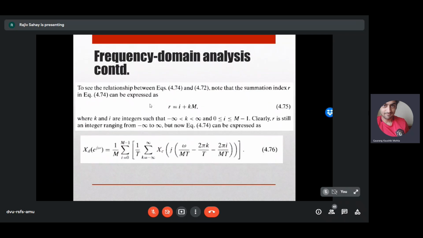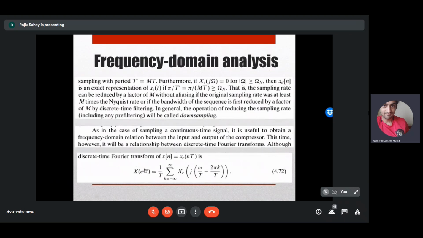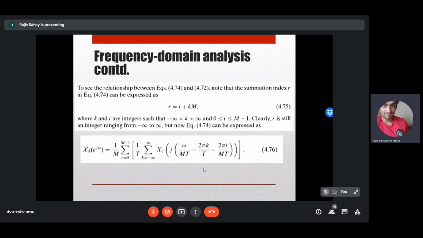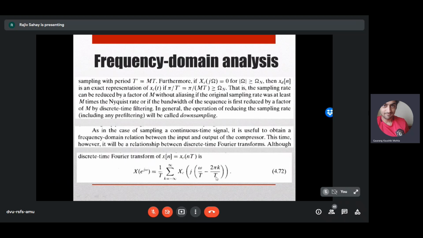If you see equation 4.72, this is x e to the power j omega. And now here you have omega minus 2 pi I coming in the square bracket. Omega minus 2 pi k or something like that here, or omega minus 2 pi I.